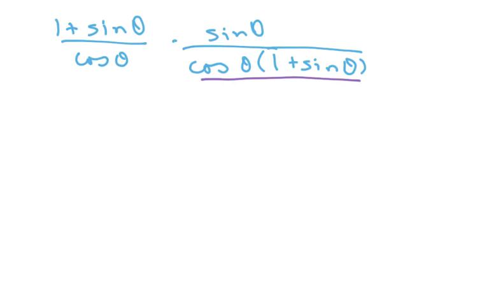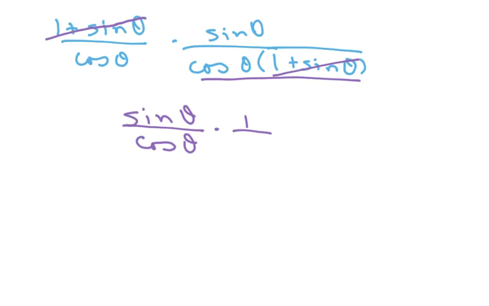Now, this part will cancel. So what we have is sine of theta over cosine of theta times cosine of theta, or 1 over cosine of theta. And I'm breaking it up. I'm forcing it to look like what we're supposed to have it look like.